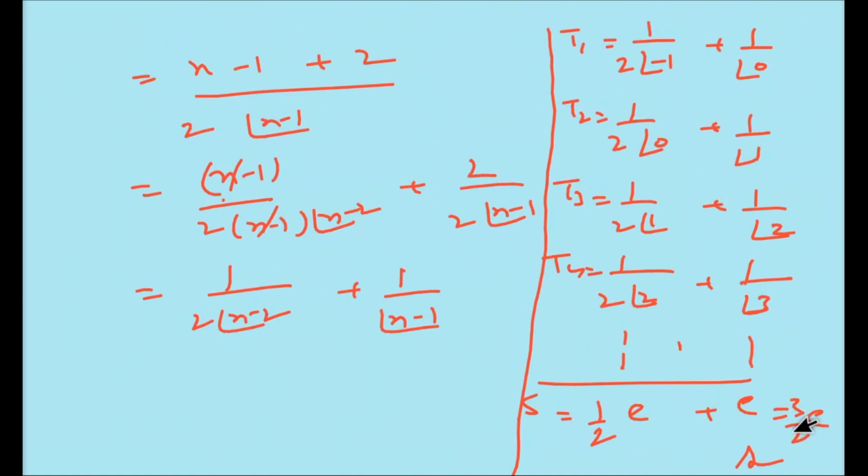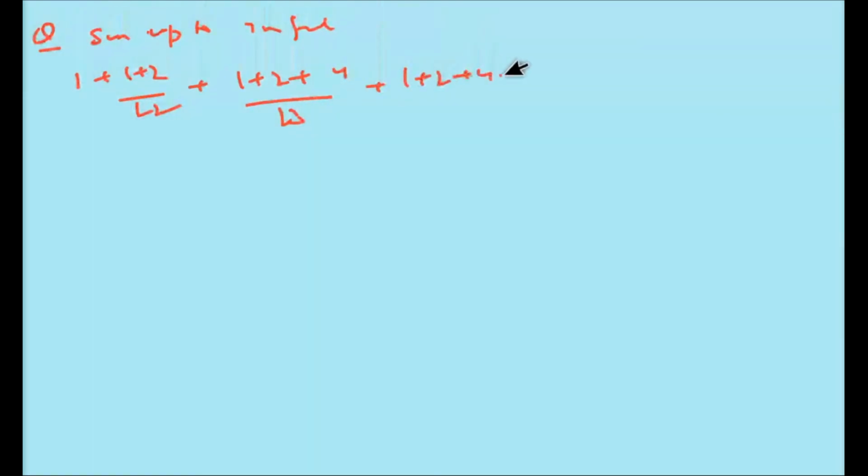Similarly, you can try one more question. We have to find the sum up to infinite: 1 plus (1 plus 2) upon factorial 2 plus (1 plus 2 plus 4) upon factorial 3 plus (1 plus 2 plus 4 plus 8) upon factorial 4. Same question, but here it is GP.